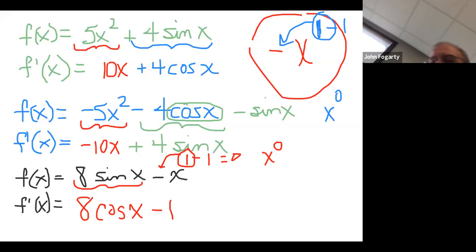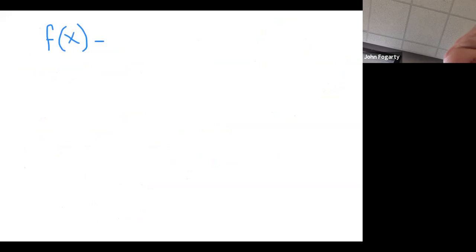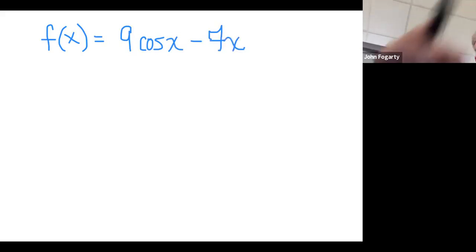All righty. One more, and then we'll be done for the day. f of x equals 9 times the cosine of x minus 7x squared. So, somebody tell me what f prime of x is.